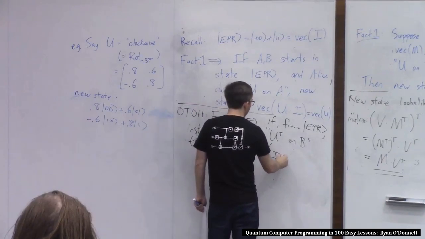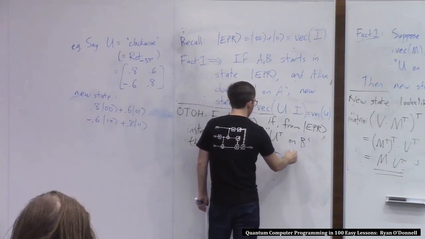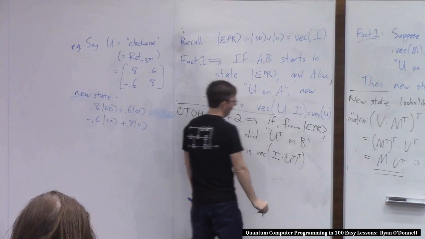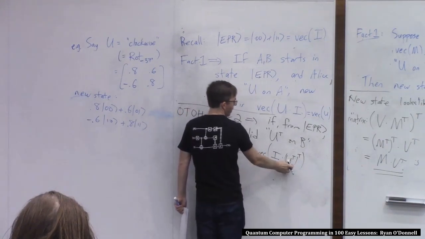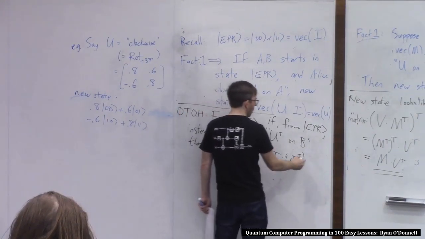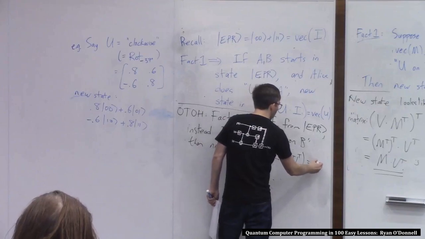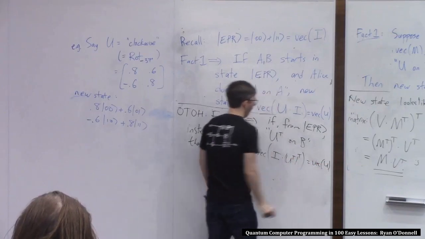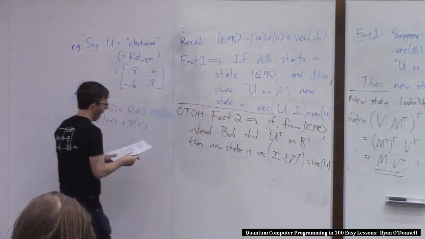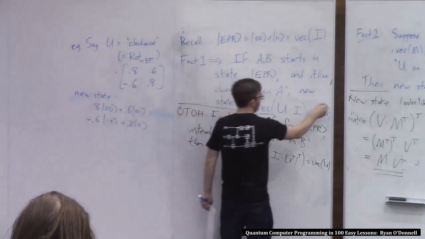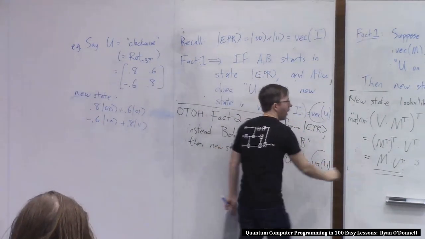So I times U transpose transpose. But U transpose twice is just U, and then I times U is U. So this is again vec U. And these are the same. So that justifies this cool fact.